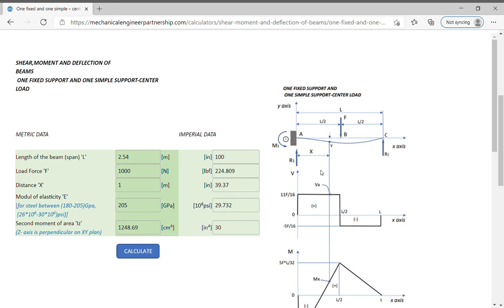The sign conventions used for bending moment and shear forces are: clockwise for positive moments and counterclockwise for negative moments. Positive shear forces are in the same direction as the y-axis in the figure, and negative shear forces are of opposite orientation.